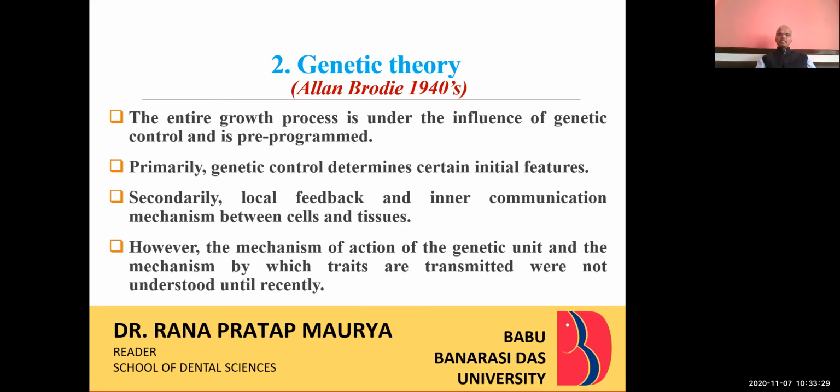However, the mechanism of action of genetic units and the mechanism by which traits are transmitted were not understood until recently. But nowadays, we understand the various traits which are transmitted from one generation to another.